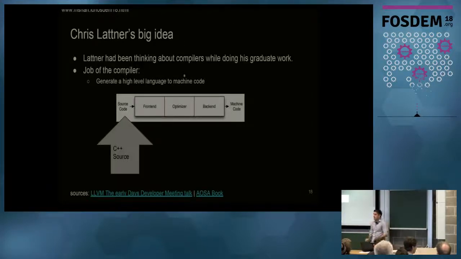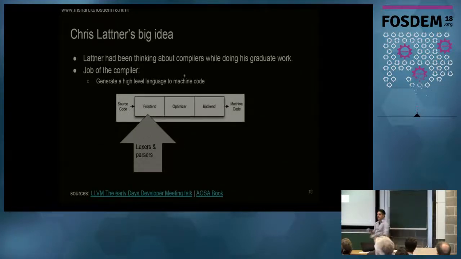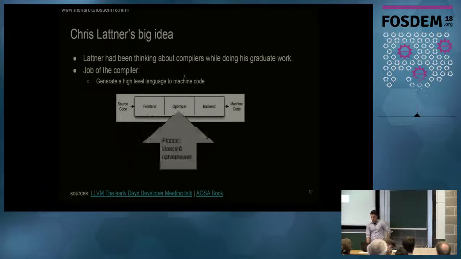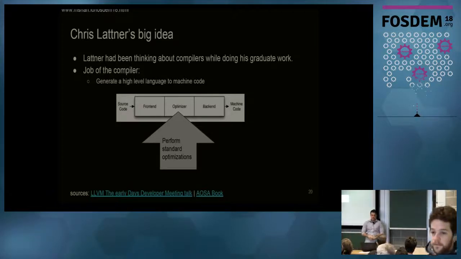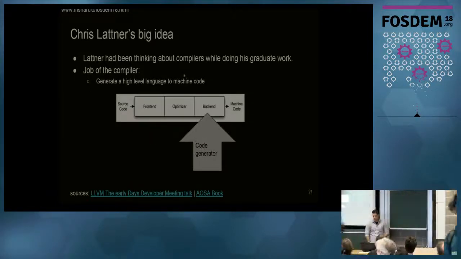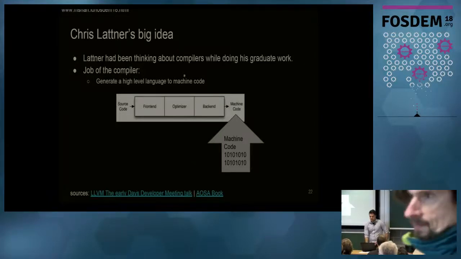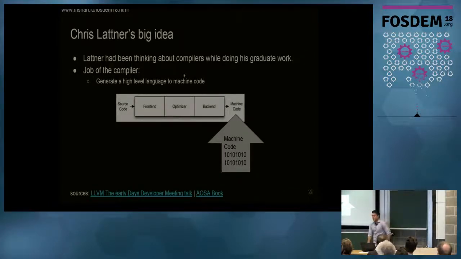So we have our C++ source or language of choice. It gets lexed and parsed to make sure it's a valid program. There's optionally an optimizer that makes our code better for us, and a backend that generates code for our machines. Then we can finally execute our programs.